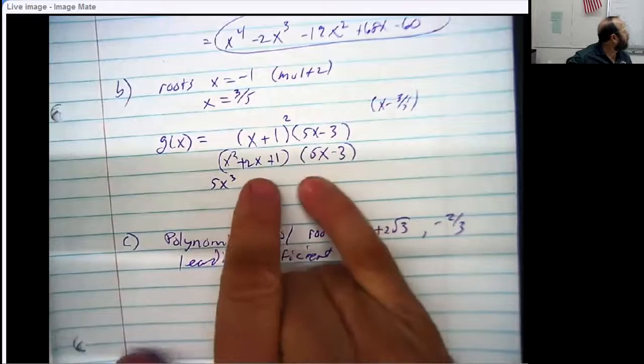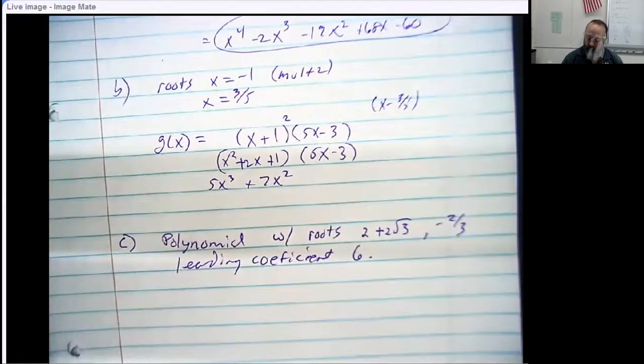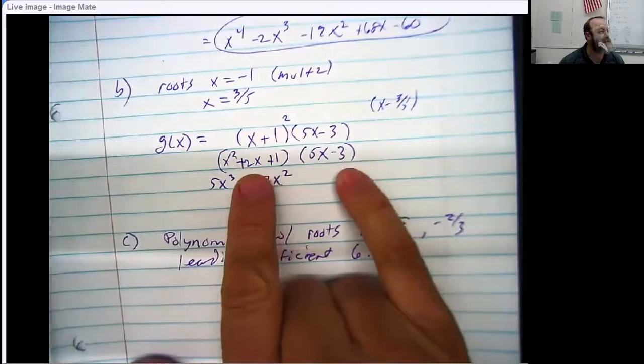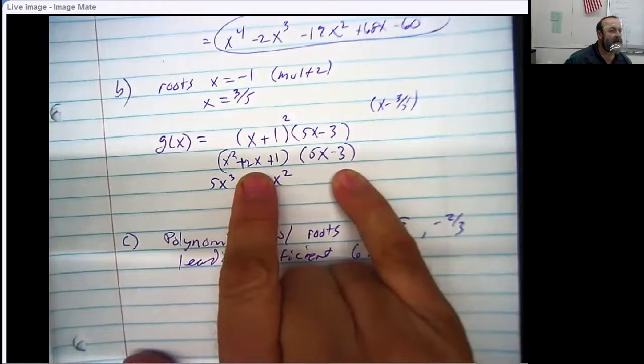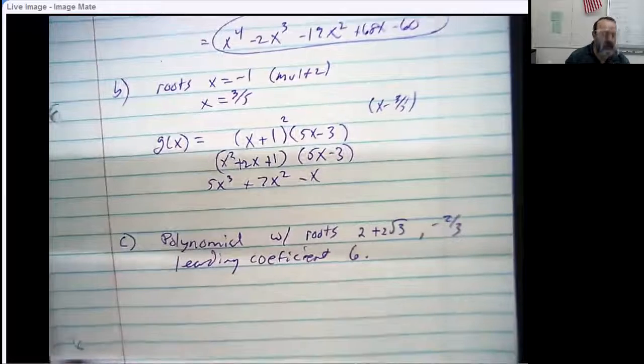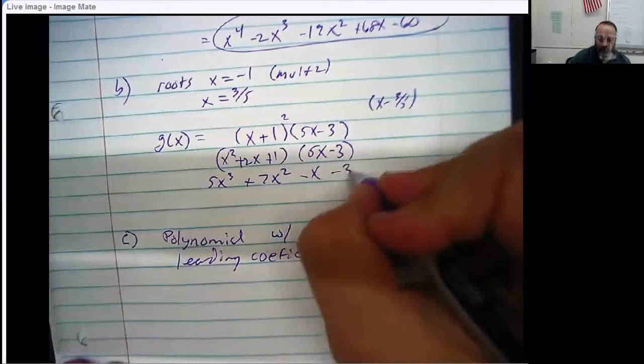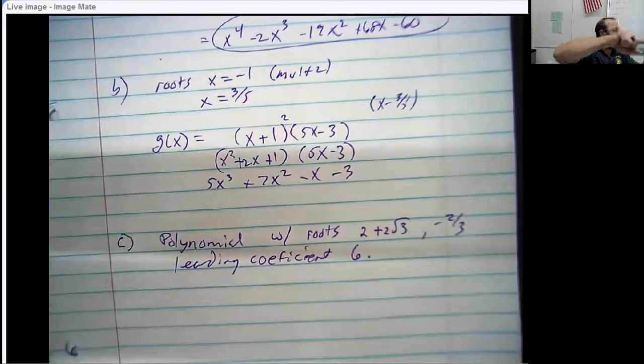A negative 3 and a 10 makes 7 of those. Now I'm going to shoot for my x's, and I've got negative 6x's, and I've got 5x's. That's negative 1x. And what's my last constant? Negative 3. Now, if you really want to do the full distribution and write all 6 terms and combine your like terms, it really doesn't take a lot more time. I'm just a little bit lazier. So I just go at it that way.